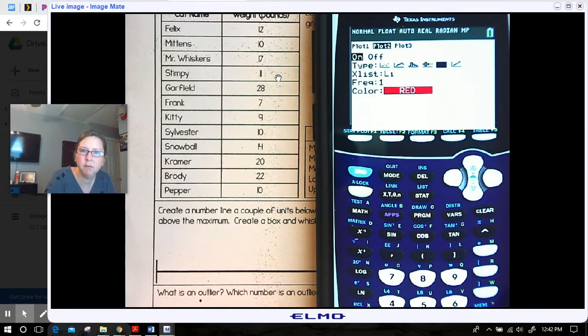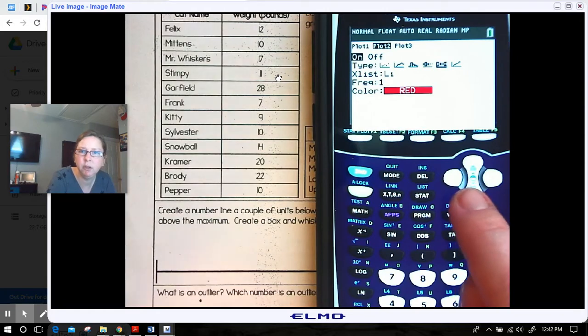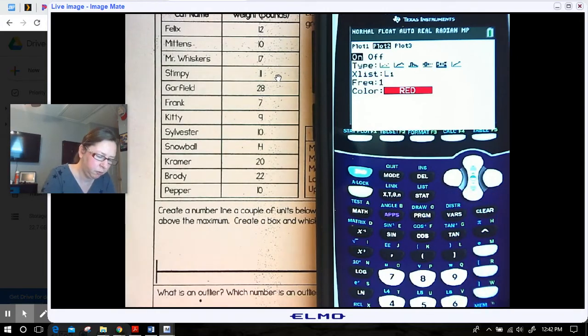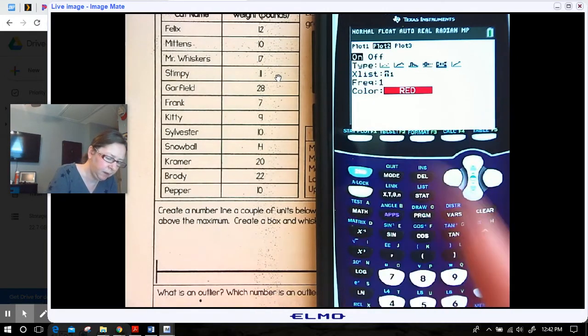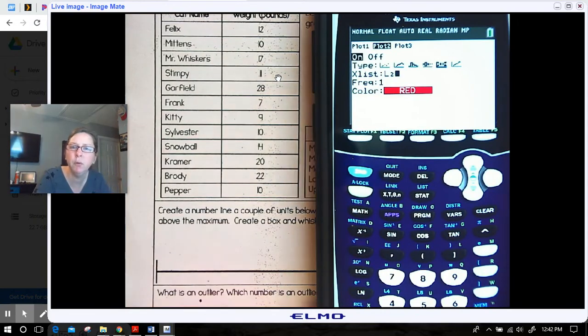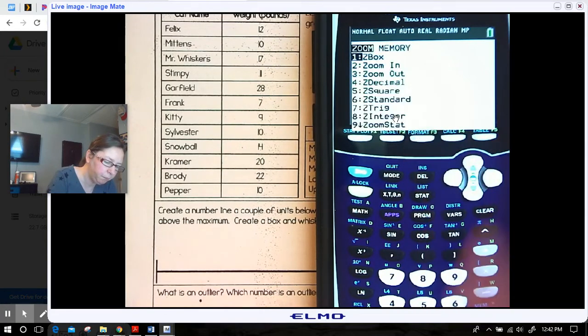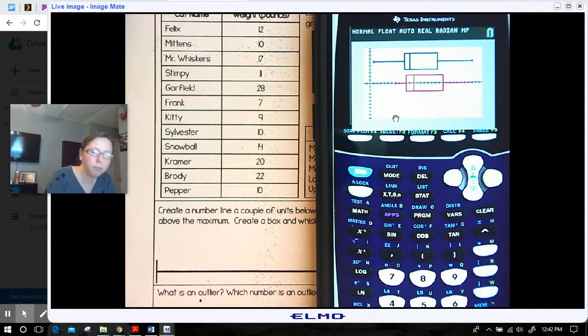Now this box and whisker plot, I need to change it to L2. So you can do that by selecting second 2. Okay. And notice that the color of this is going to be red. All right. Let's again hit zoom 9. And so now I have 2 data sets. Blue is the original, red is my new set of data.